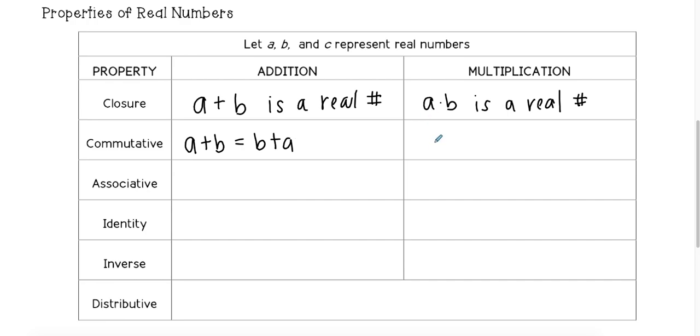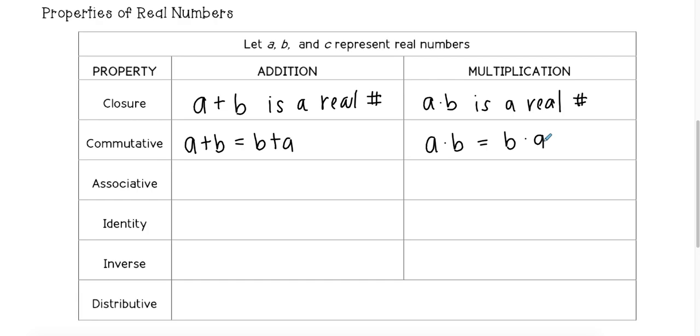Works with multiplication. A times B is equal to B times A. And we know that. 5 plus 2 and 2 plus 5, same thing. 5 times 2 and 2 times 5, same thing. Okay, so commutative, they moved positions.